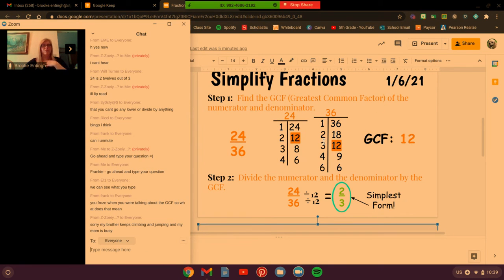So the largest number that can go into 24 and 36 evenly is 12. So 12 is the greatest common factor. It is the largest number that can go into both your numerator on top and your denominator on the bottom. Does that make sense, Frankie?